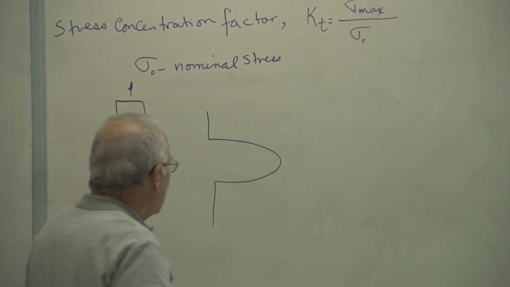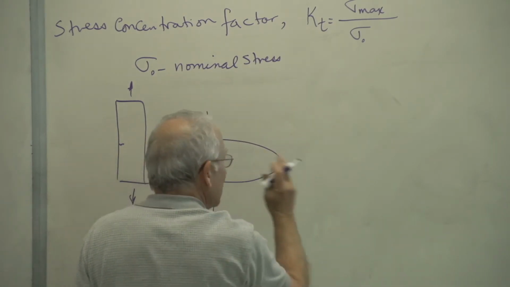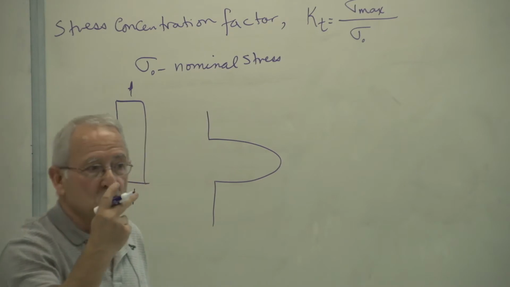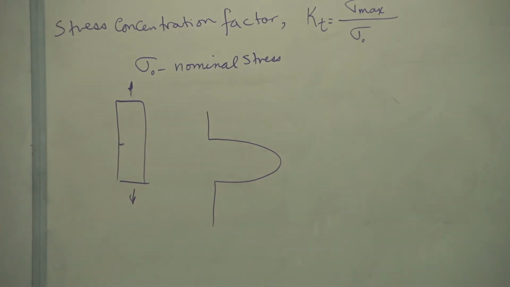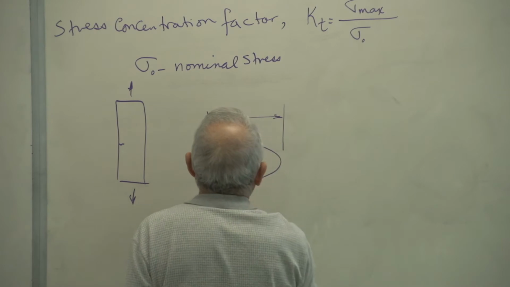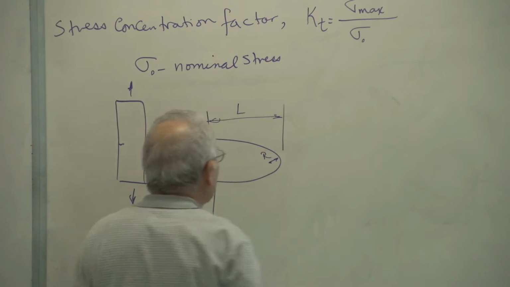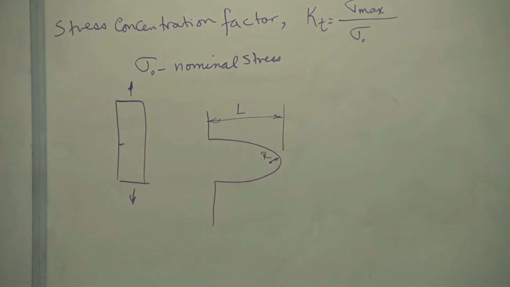The stress concentration factor for this discontinuity is dependent on two of the dimensions of this flaw. One is this length, L, and the other one is this tip radius, R. The larger the flaw, or the smaller the tip radius, the larger the stress concentration factor.